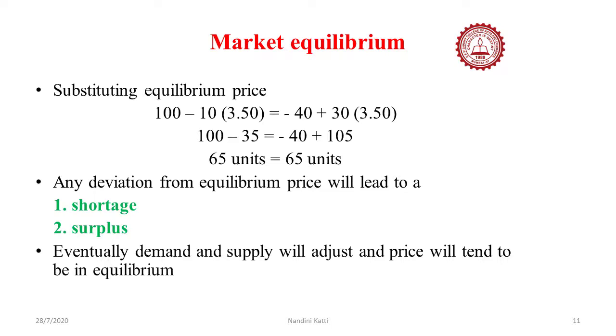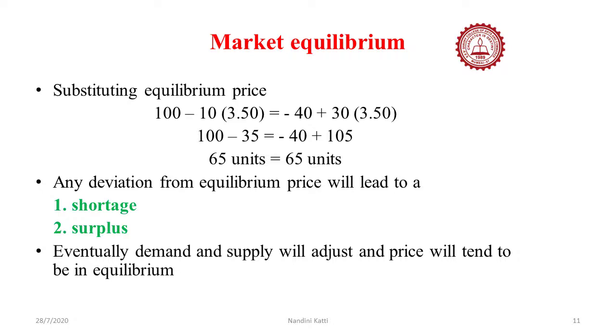Now when we substitute the equilibrium price, rupees 3.50, into the demand equation and the supply equation, we arrive at the quantity of units demanded and supplied at that price, which are exactly equal to each other, at 65 units.